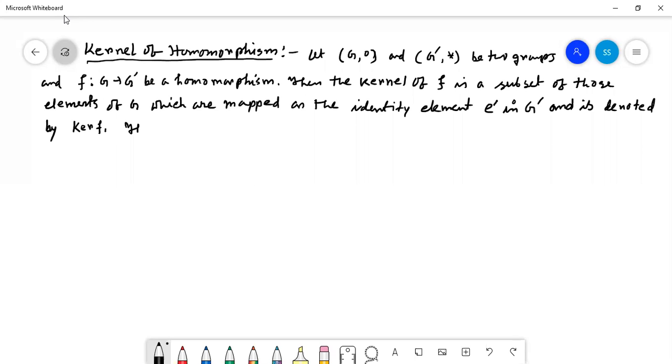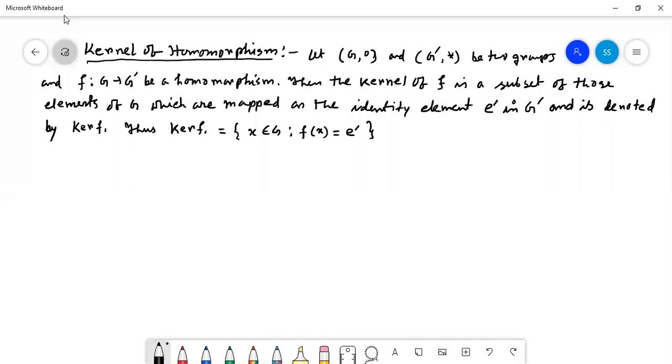Thus, ker f is equal to x belongs to G such that f of x is equal to e'.